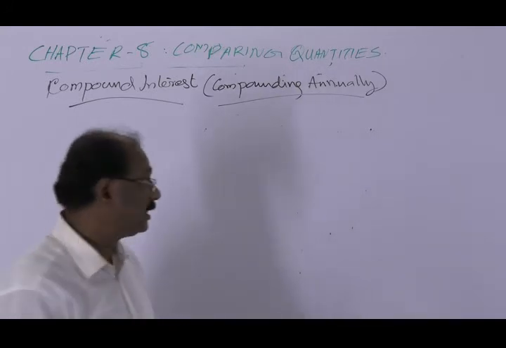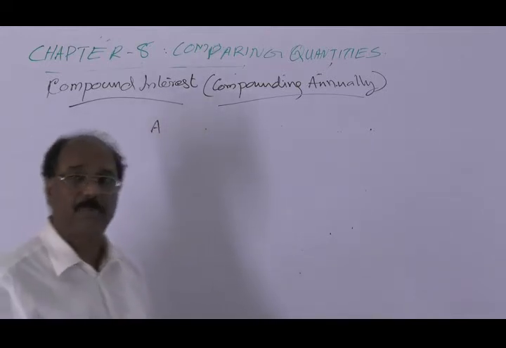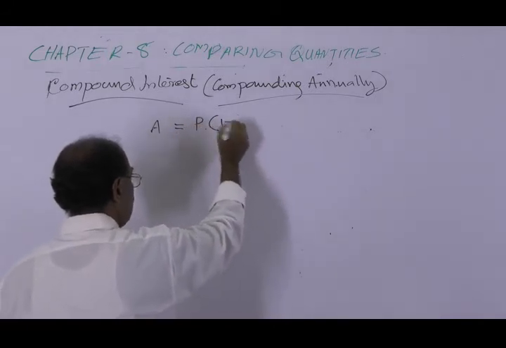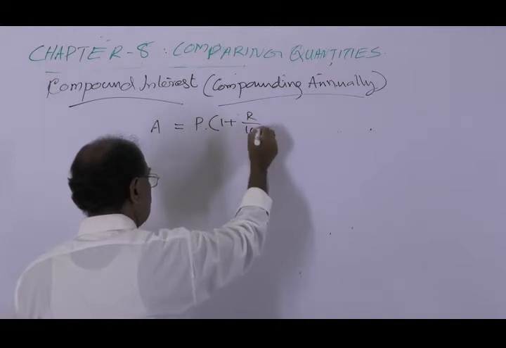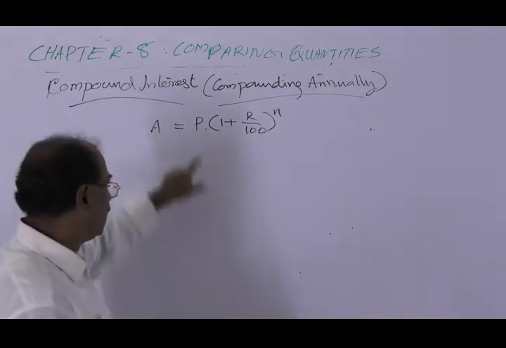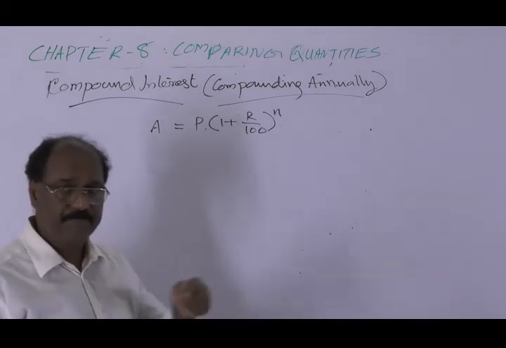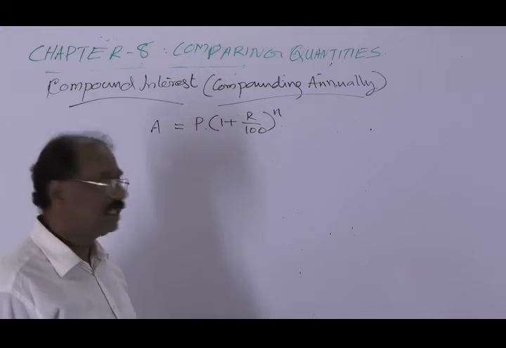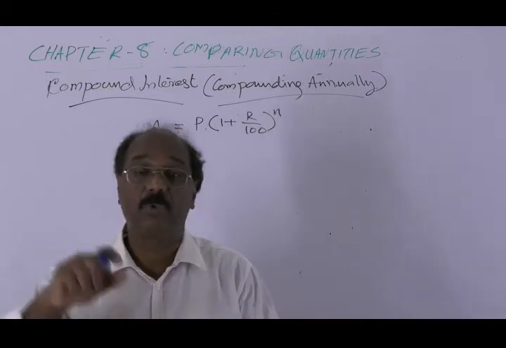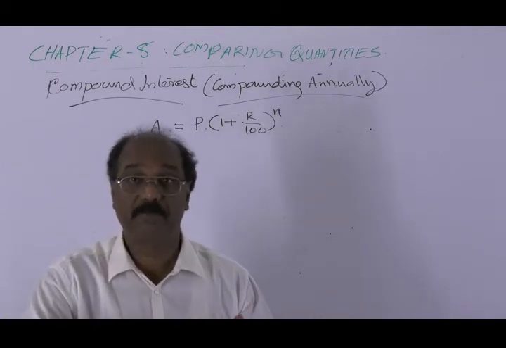If A is the total amount after the specific period of deposit, then A is equal to P into (1 plus R by 100) all raised to N, where P is the principal amount, the amount deposited the first time, R is the percentage of interest, and N is the number of periods, the number of years deposited, annually.